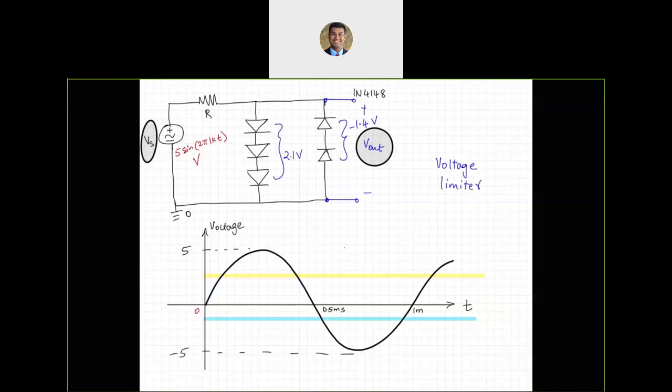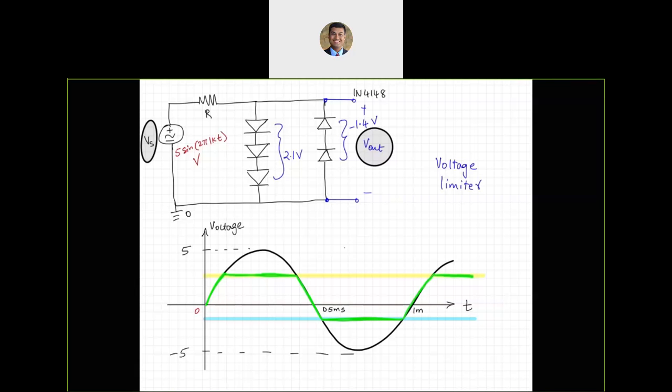So on the positive it is going to go to that point, limit at 2.1, come down as the source, and then limit at negative 1.4, and then of course do that.